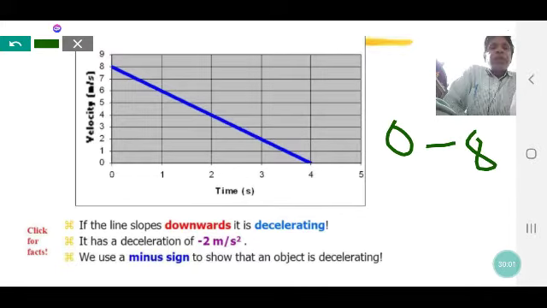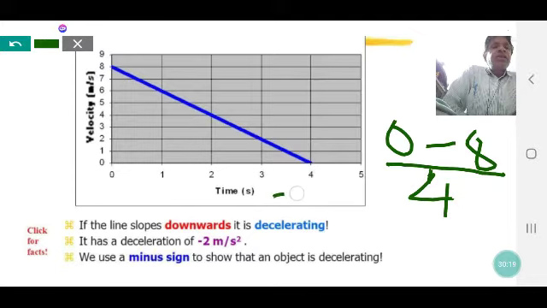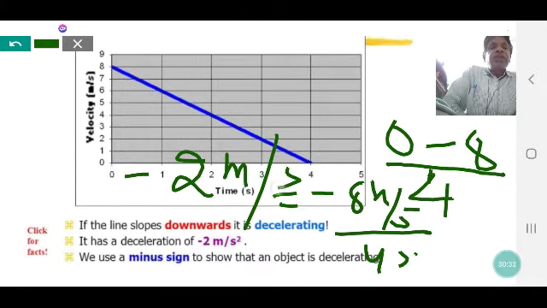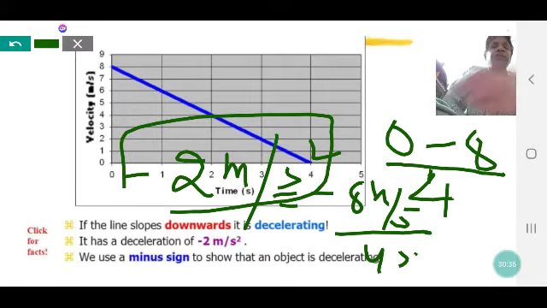The final velocity is 0, and the initial velocity is 8, and we divide by time. Time here is 4 seconds. Now look here, minus 8 meter per second divided by 4 seconds, we get minus 2 meter per second square. That value gives the negative acceleration.